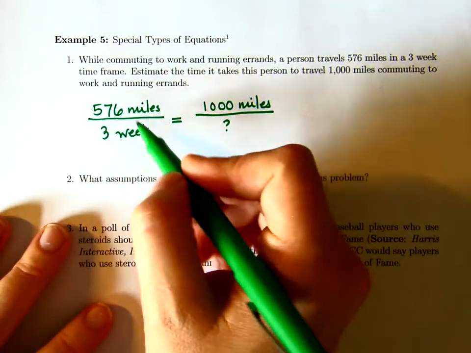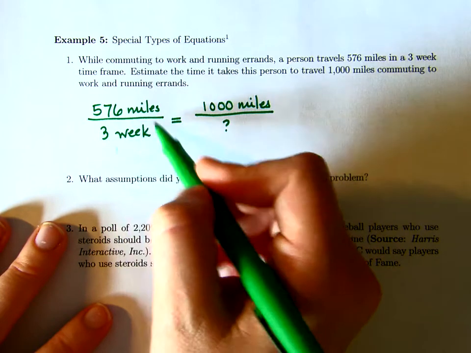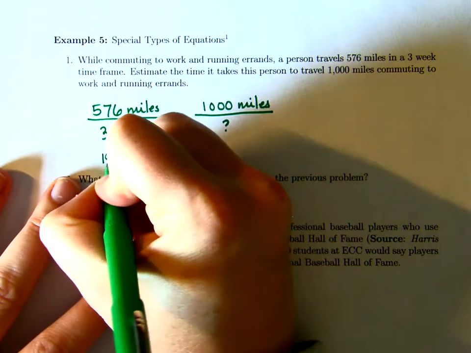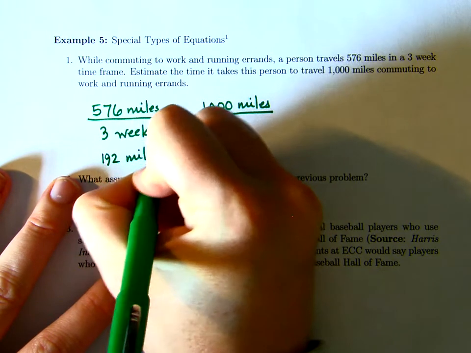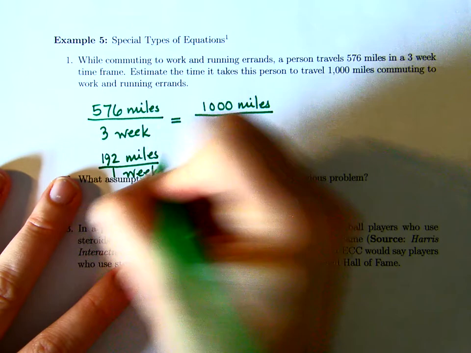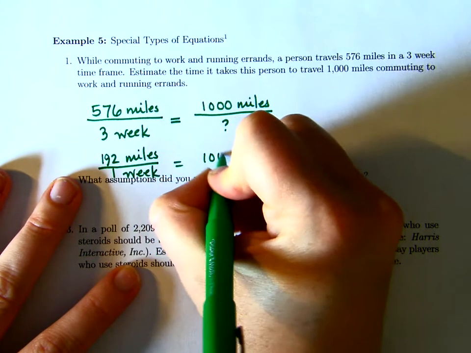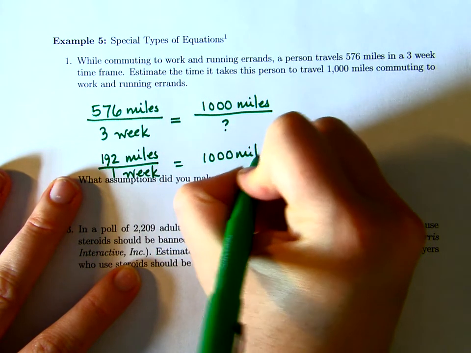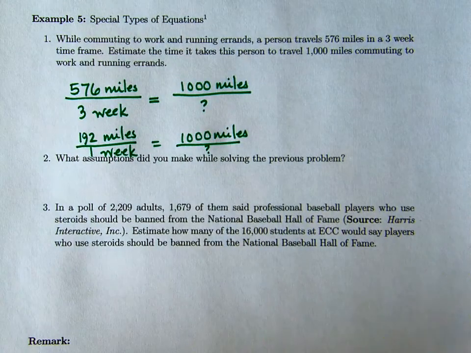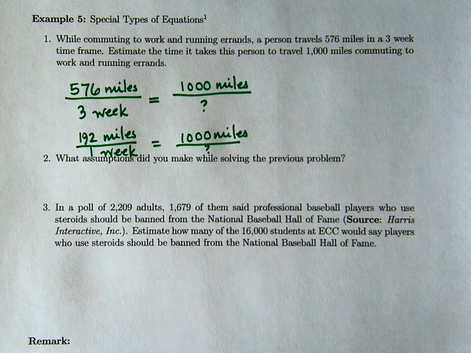So they said, well, if 576 miles happens in 3 weeks, then this is equivalent to 192 miles in 1 week. Okay. But that didn't get us closer to how long it takes to drive 1,000 miles.